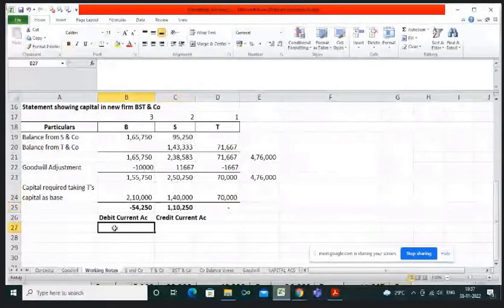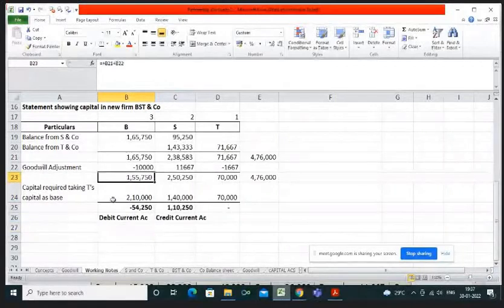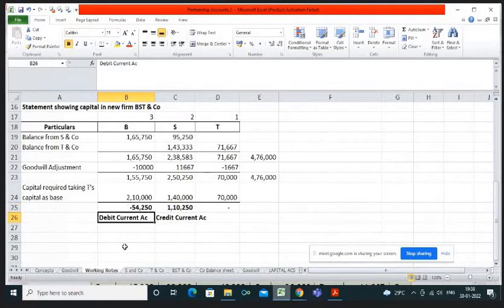So B should have had a capital balance of 2,10,000. But how much is he actually having? Only 155,750. There is a shortfall or deficiency. Then what we need to do is credit his capital by 54,250 and debit his current account by 54,250. In the case of S, he has excess.